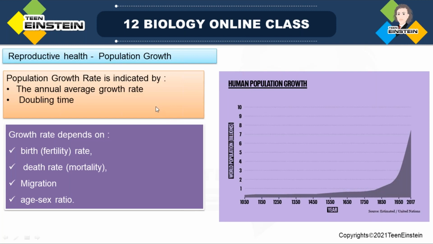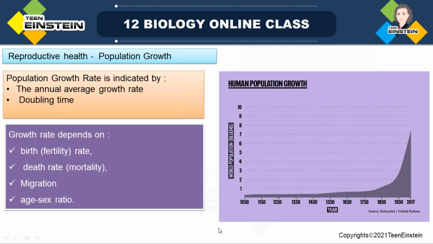Next, the population growth rate. Population growth is indicated by the annual average growth rate. How do we tell the growth rate? The average growth rate in a particular year that we are recording is the growth rate.